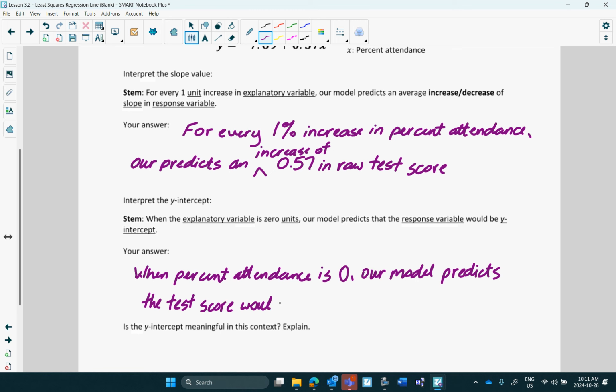What would the test score be if? Right. Negative 7.69.